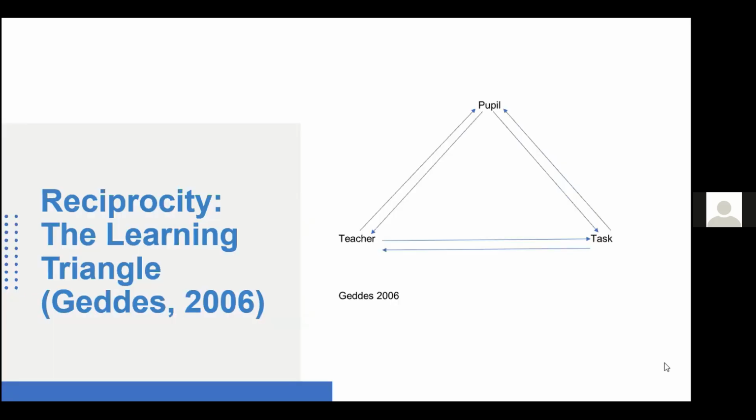When thinking about reciprocity, we can also consider the learning triangle, which was introduced by Heather Geddes. And this is a useful model to look at attachment in the classroom. So from an attachment perspective, a child who's got a secure attachment will be able to disengage from an interaction with the adult and become interested in objects and activities without separation.